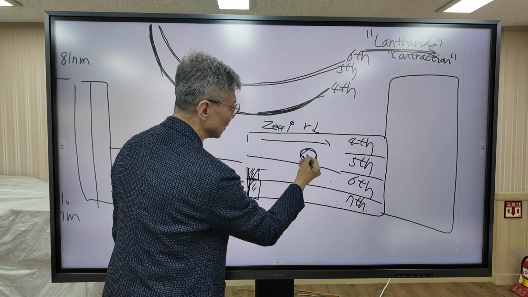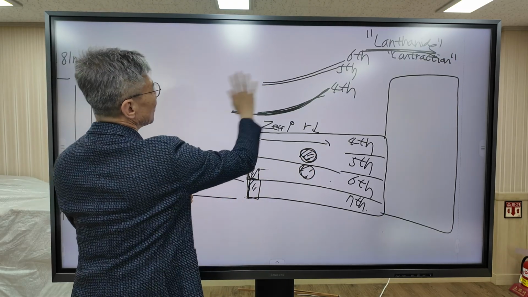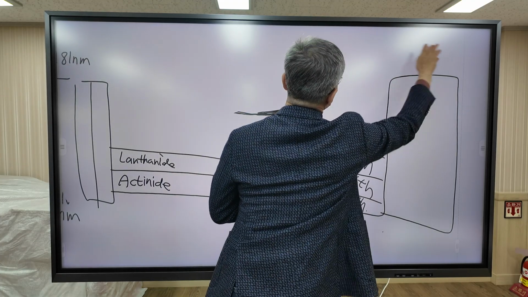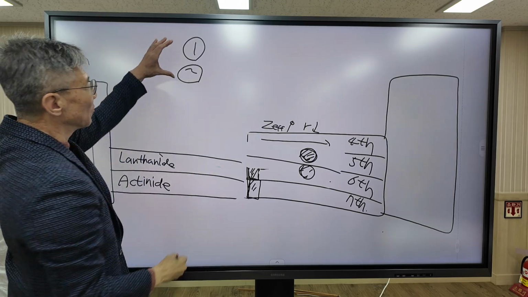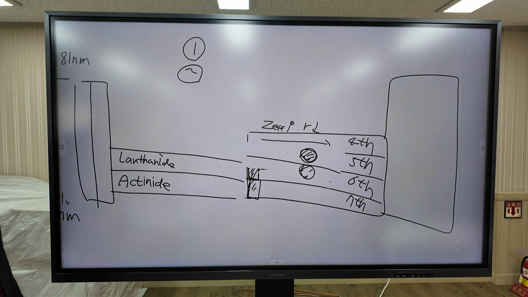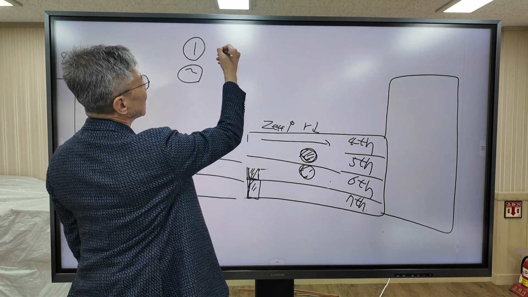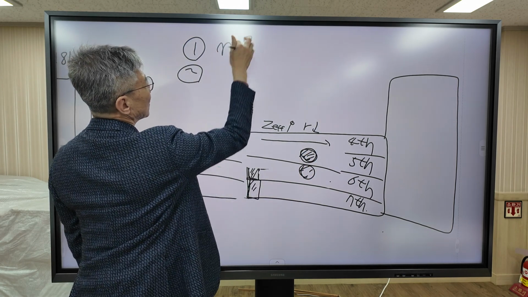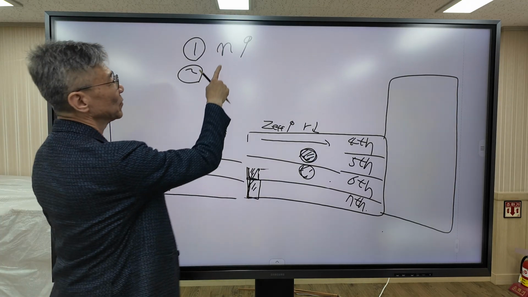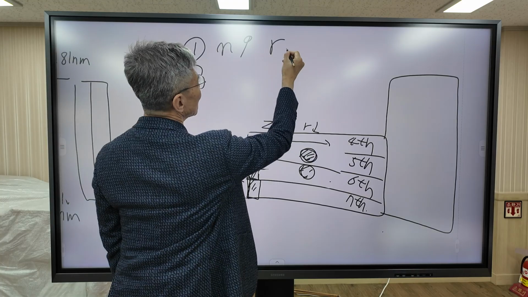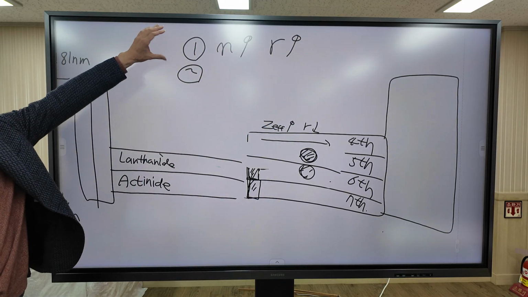To compare these two elements, we need to consider two competing effects. The first effect is that when you go from the 5th to the 6th period, the principal quantum number increases. So when the principal quantum number increases, the atomic radius may increase. This is the first factor to consider.